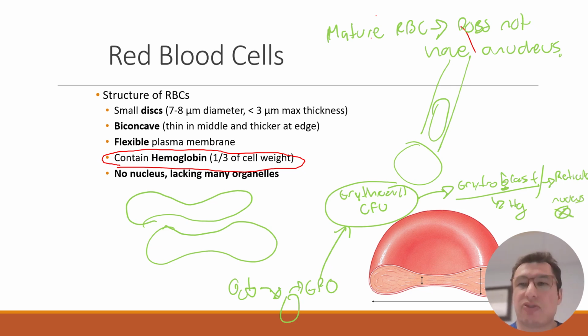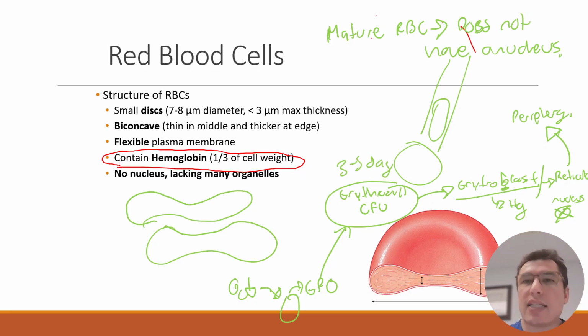It is mostly hemoglobin at that point. And then after that, it will migrate to the periphery, and then it will mature. This process takes about 3 to 5 days.